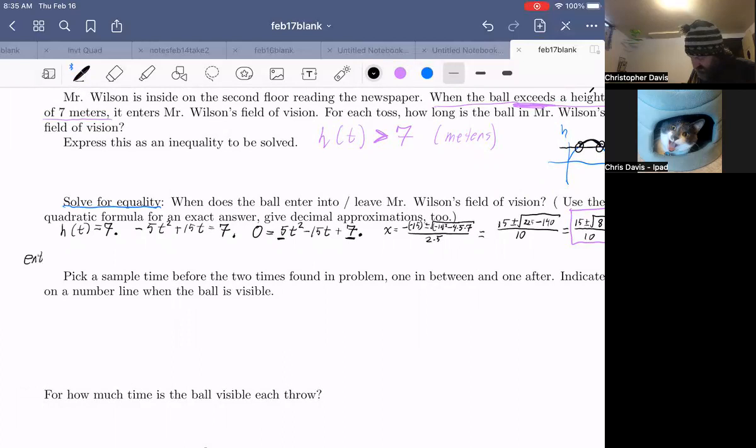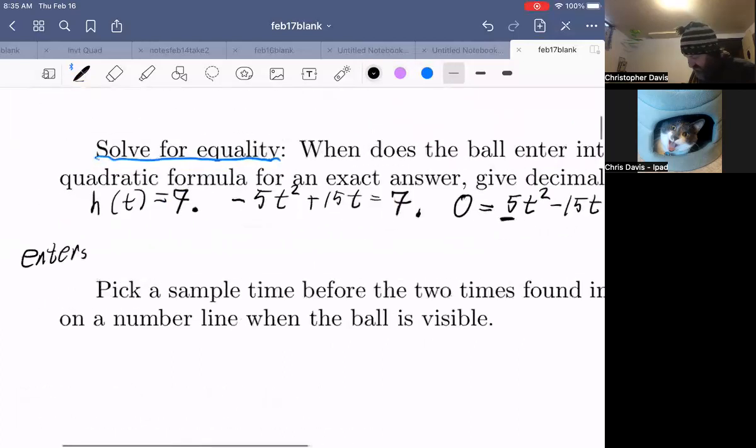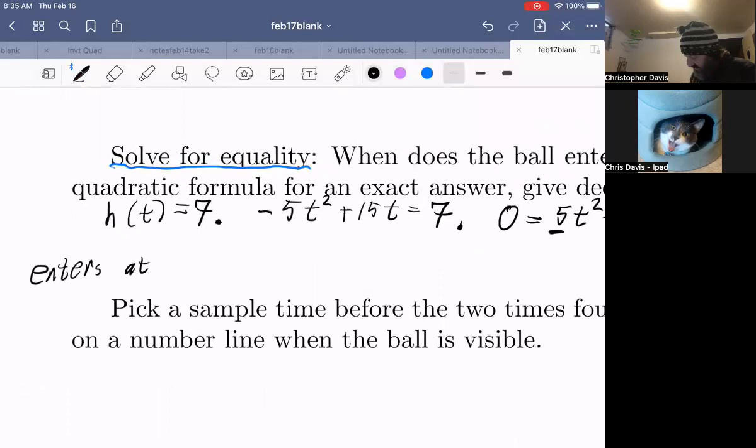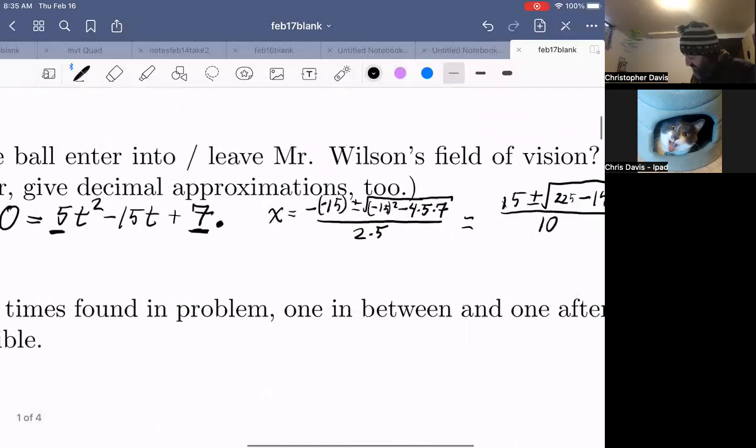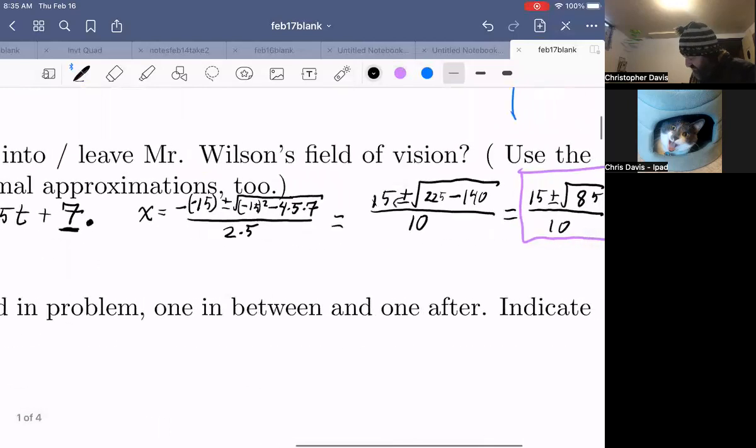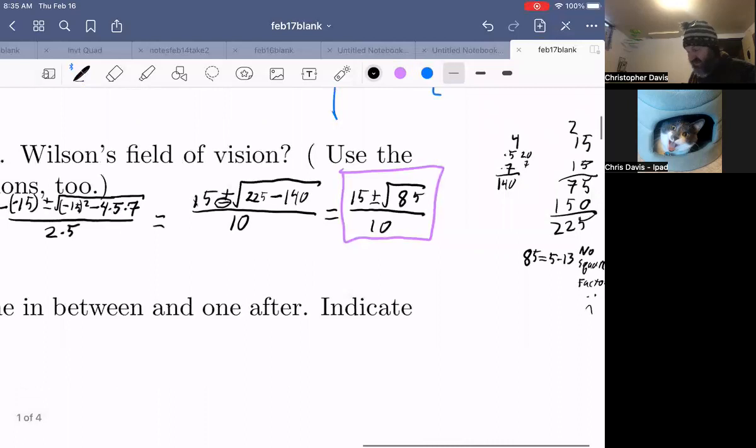So let's see, it looks like it enters in whichever of those times comes first. And you can look at this and tell. When you make the negative choice there, that'll be the lesser of the two. And let's maybe even check that that'll be positive. Root 85, 85 is pretty close to 81, which is the closest square. Square root of 81 is 9.